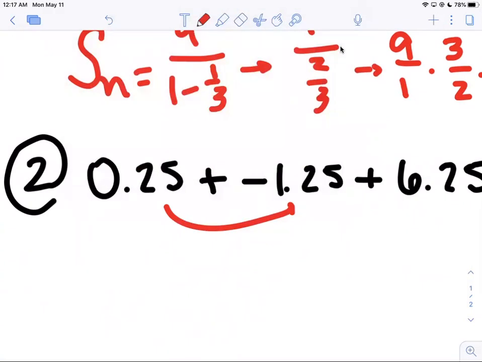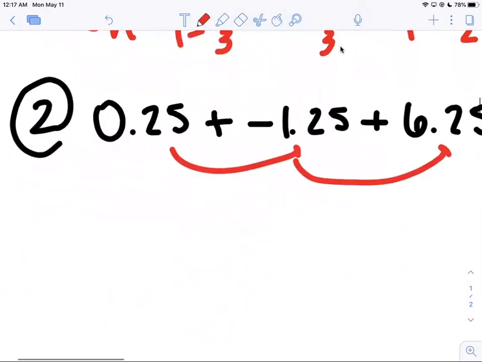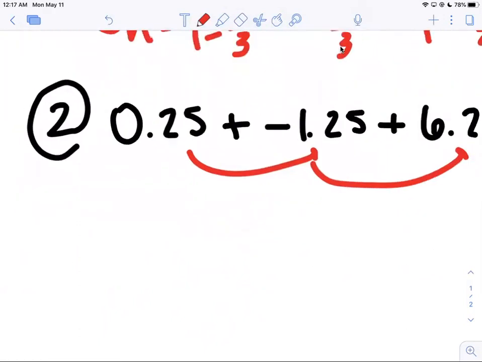So to get from 0.25 to negative 1.25, oh, I don't know, that's not off the top of my head. Do you guys know that? To get from negative 1.25 to 6.25. You may know this off the top of your head, but I can't think of what happens right now. So what you can always do if you don't know is divide the second number by the first one and then the third one by the second one and see what the pattern is.